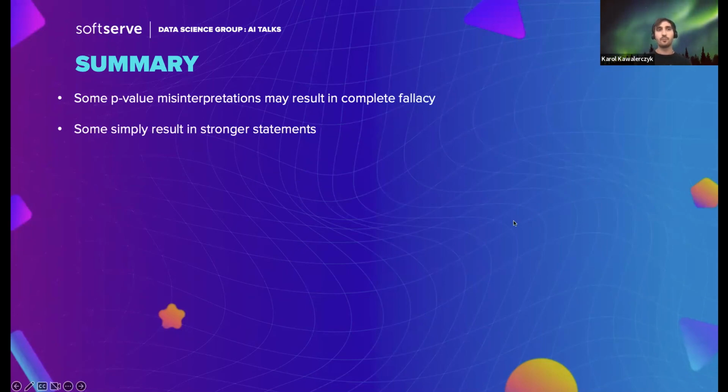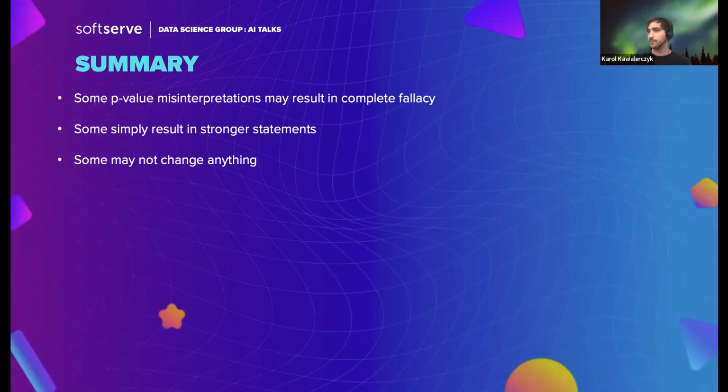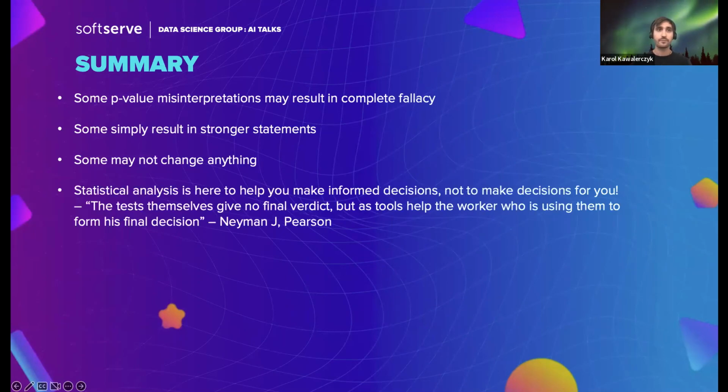Some misinterpretations might simply result in stronger statements, and it's not hurtful, it's still the same direction, but it may alter your business decision if you are aware of the exact effect that is behind the p-value. And some misinterpretations may not change anything, like when the experiment environment is so robust that it simply doesn't affect your interpretation. The value is here and it's trustworthy.